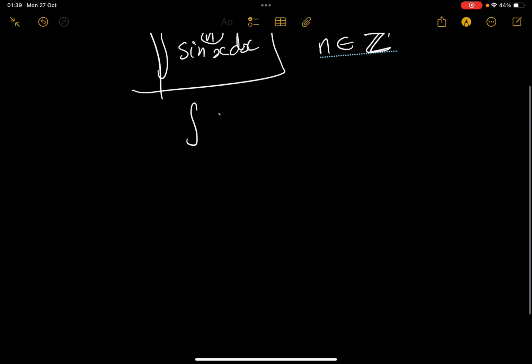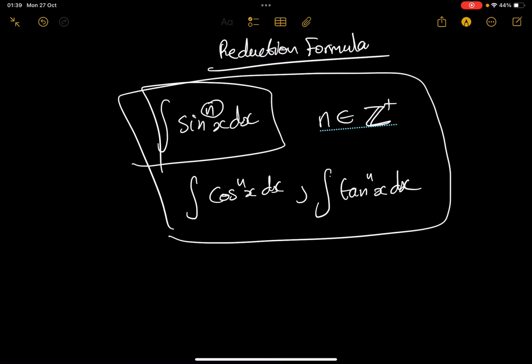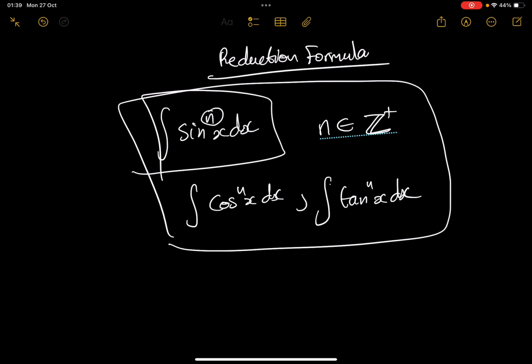So it can also be the integral of cos^n x dx, the integral of tan^n x dx. These are the first three that I'm going to look at: how we are able to devise the reduction formula for all of these three, and how we can actually apply them given scenarios and equations.